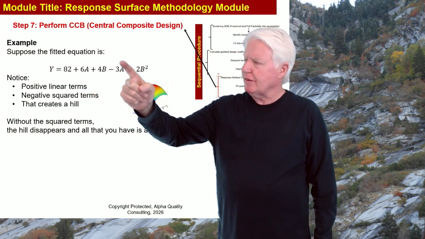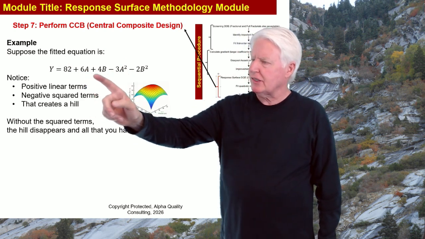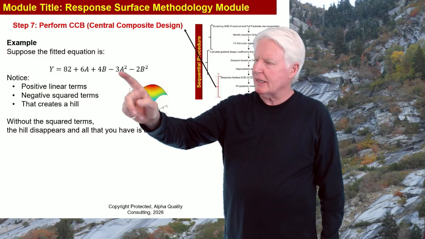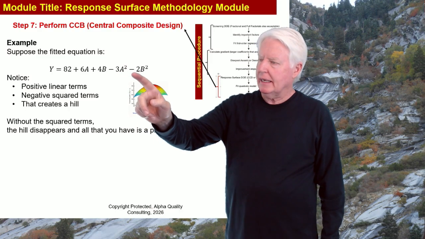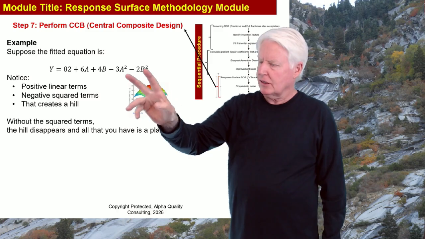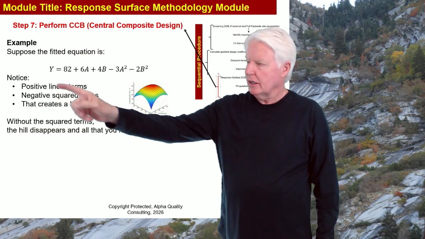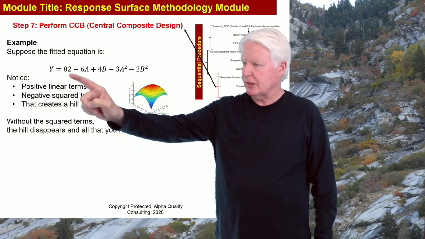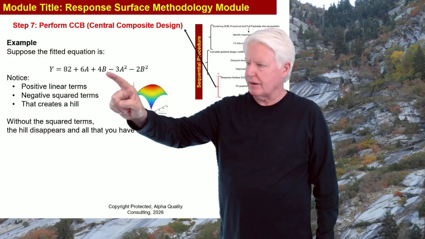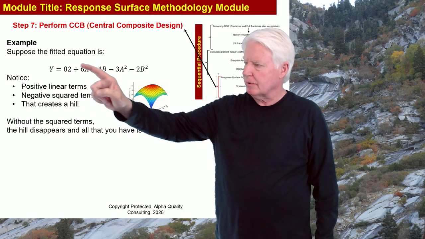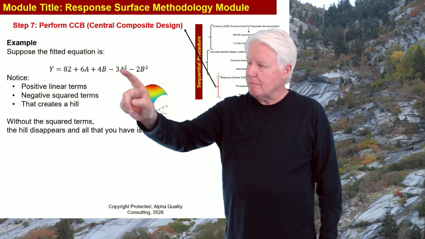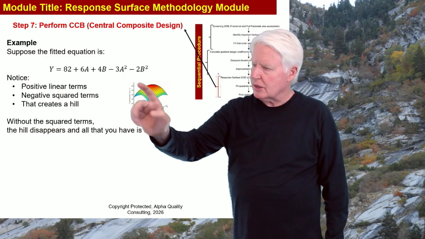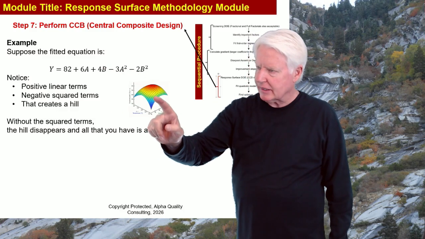Example, suppose the fitted equation is 82 plus 6a plus 4b minus 3a squared minus 2b squared. So we have 2 squared terms here. Notice positive linear terms, that's 82, 6a, 4b, those are the linear terms. Negative squared terms, notice they're both negative. When you have both negative squared terms, you end up with a shape like this.